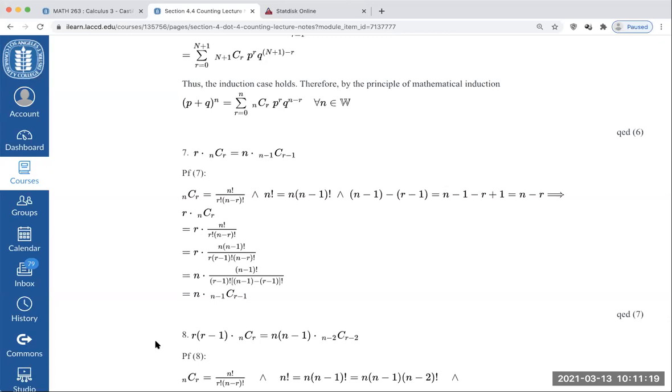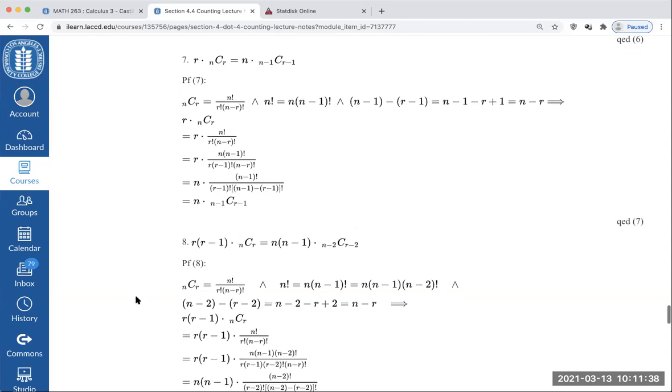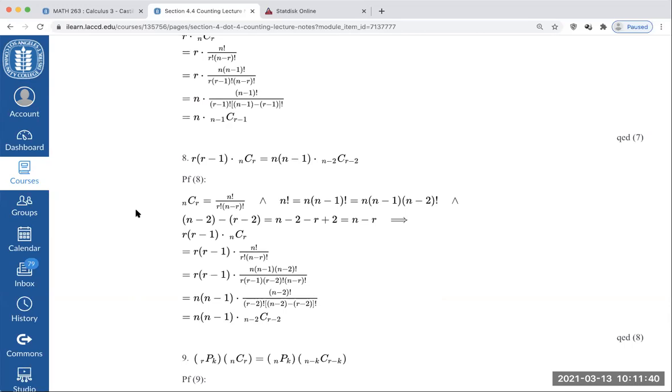Let me show this next absorption property, that r times (r minus 1) times nCr is equal to n times (n minus 1) times (n minus 2)C(r minus 2). So again, as always, we use the factorial definition of nCr.